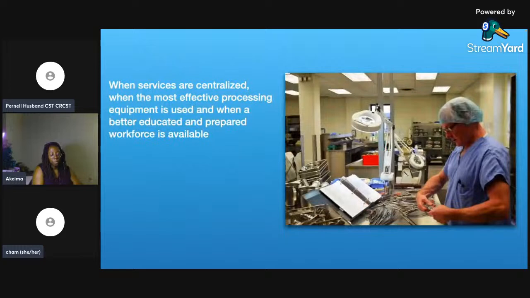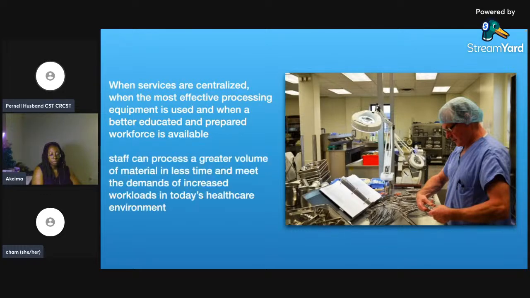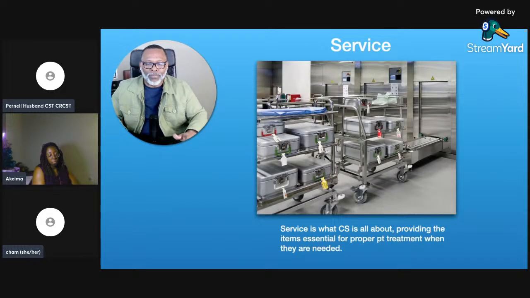When services are centralized, when the most effective processing equipment is used, and when a better educated and prepared workforce is available, staff can process a greater volume of material in less time and meet those serious demands from the operating room. So that's the central part.